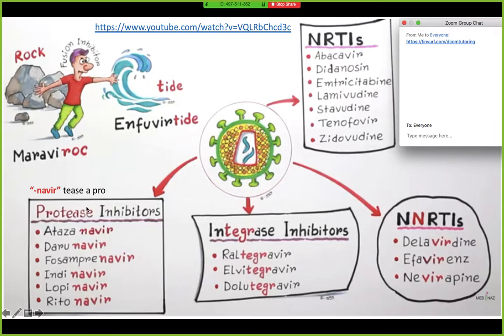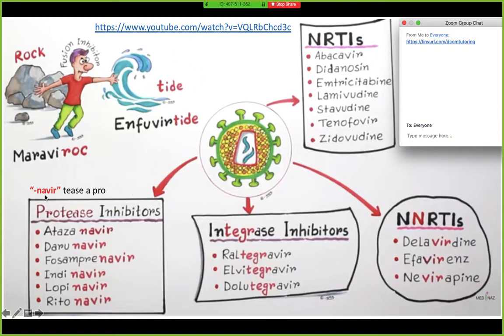But this was this guy's idea. For your fusion inhibitors, you have this guy standing between a rock and a tide, and he's supposed to do the fusion inhibitor. So Maraviroc and Enfuvirtide. And then your protease inhibitors, just trying to save you watching the video.